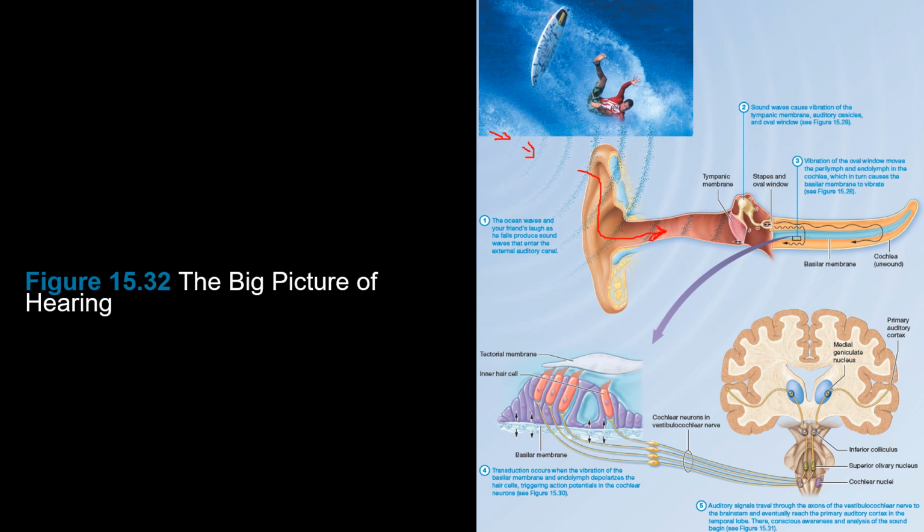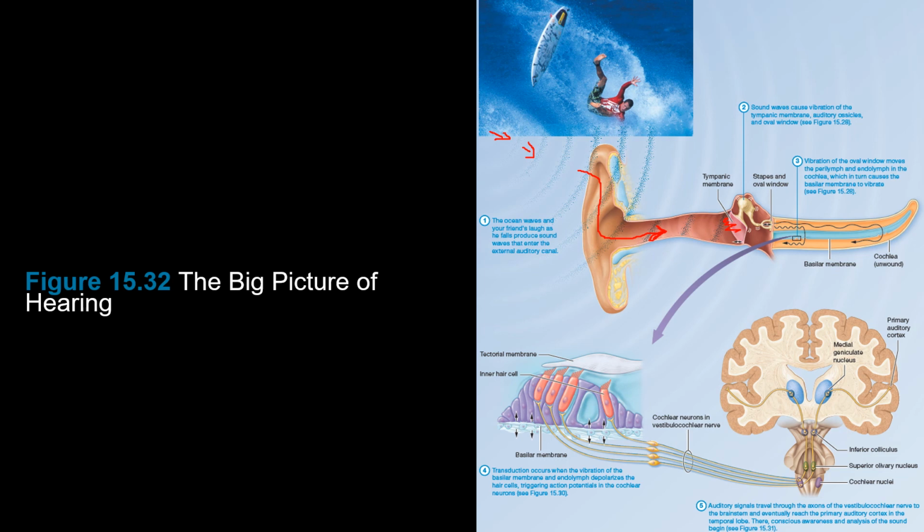After that, those vibrations are going to shake your tympanic membrane, which is going to shake your auditory ossicles, which are going to push in and out on the oval window. And then, depending on their frequency, they're going to be processed in different parts of the cochlea.